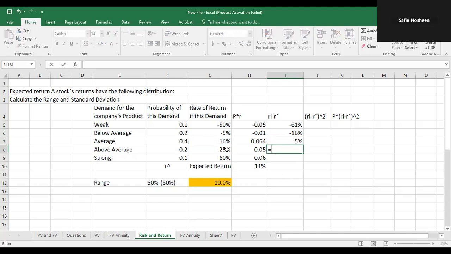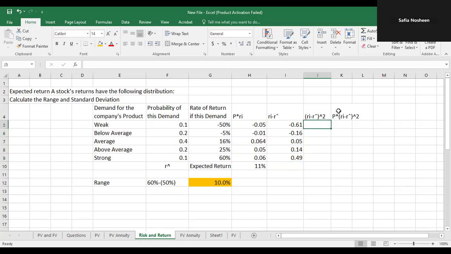Then 25% minus 11%. Then 60% minus 11%. Then minus 5% minus 11%. Okay, so these are the deviations. We can also have them in number or decimal values.